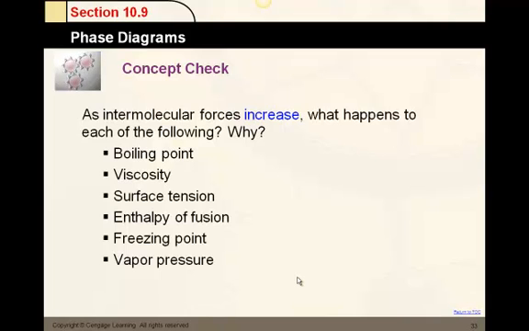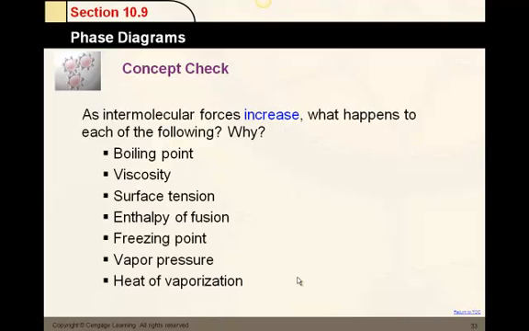You should be familiar with the phase change diagrams and being able to interpret and read them. They have some nice examples in your textbook. You can look those over, and hopefully you can be reminded of the kinds of questions that we did back in Intro Chem.